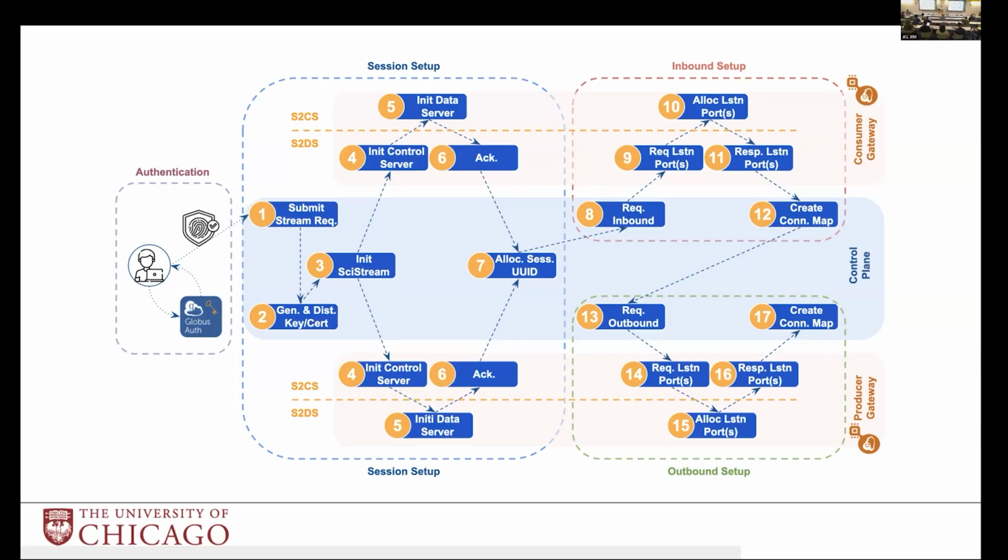The Globus Compute endpoint agents on the gateway nodes will start the SciStream services, and then we will create an inbound gateway node on the consumer facility, and the outbound gateway node on the producer.